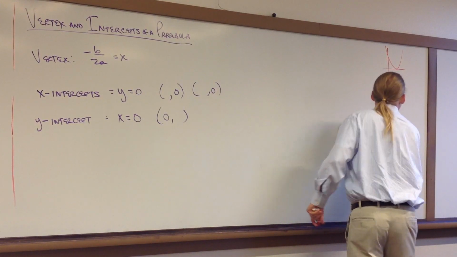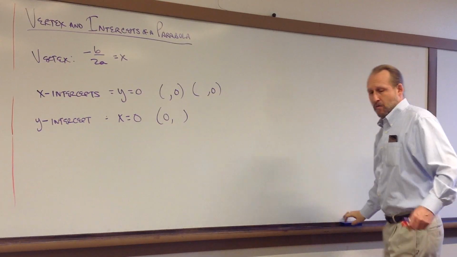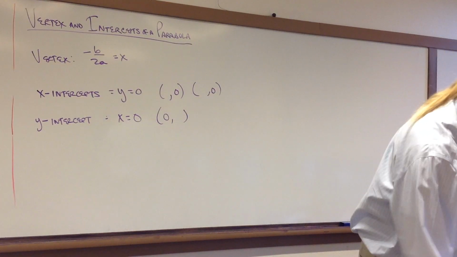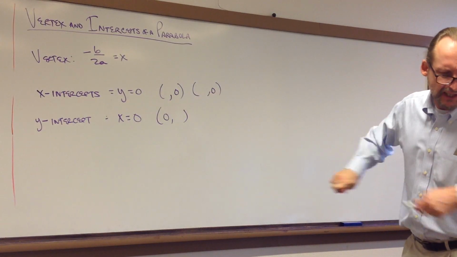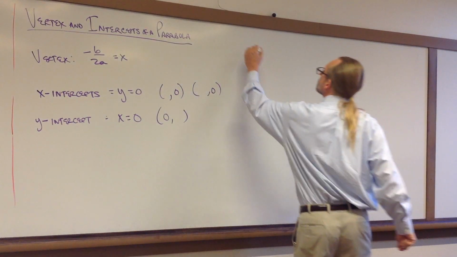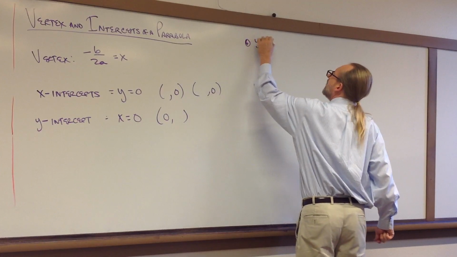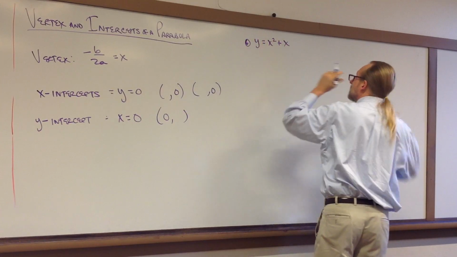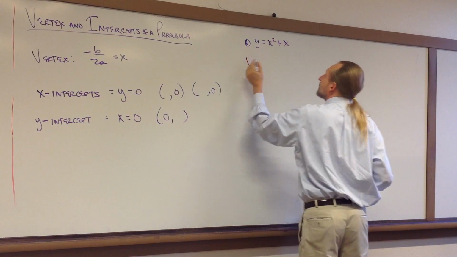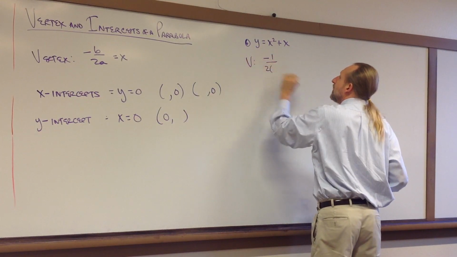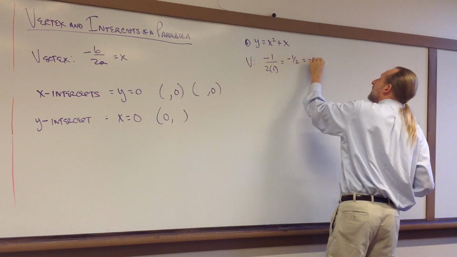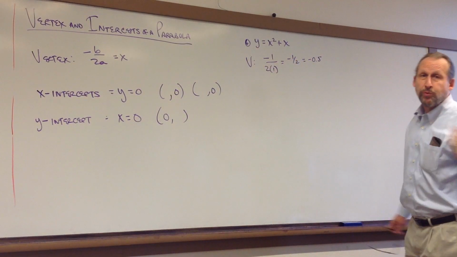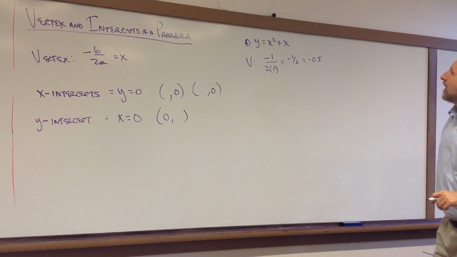Let's look at a couple more. Okay, let's look at problem 6. y equals x squared plus x. Our vertex: negative b over 2 times a, so that's going to be negative 1/2. You can call it negative 0.5 if you'd like.